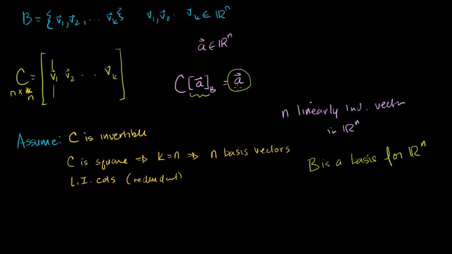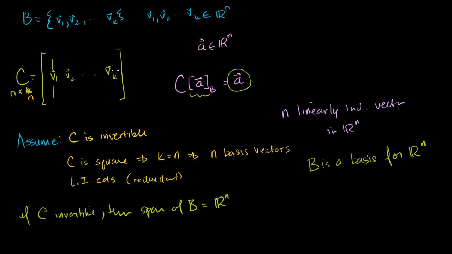But now we don't have to make sure, because if C is invertible, then the span of B is going to be equal to Rn. Or another way you could say it is, if we have n vectors here, if k was equal to n, then we know that the span of B would be equal to Rn.